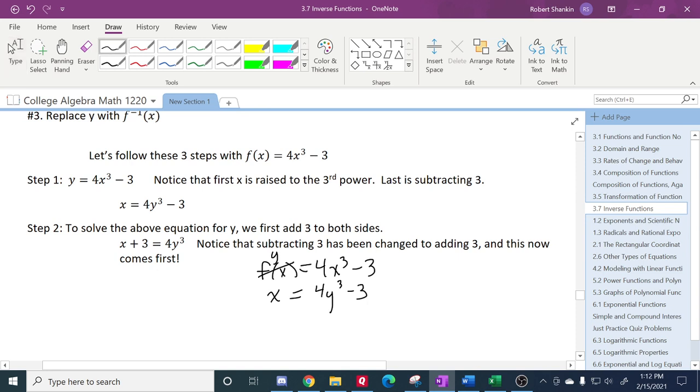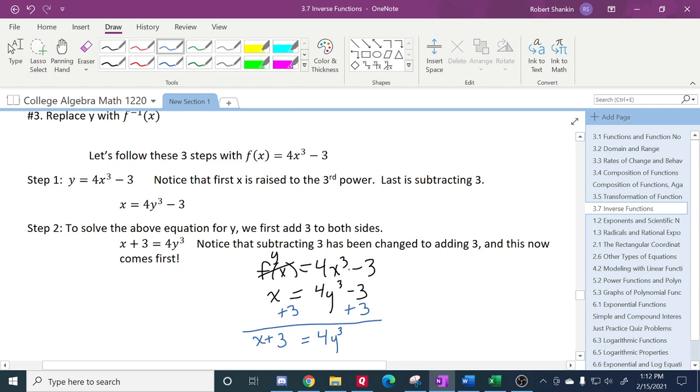We're going to do the opposite of subtracting 3. We're going to add 3. So the first thing that's going to happen to the x is the opposite of the last thing that had happened in the original function.